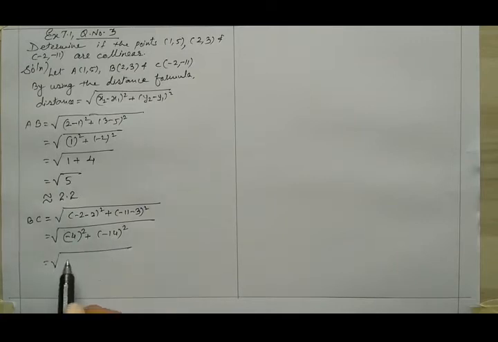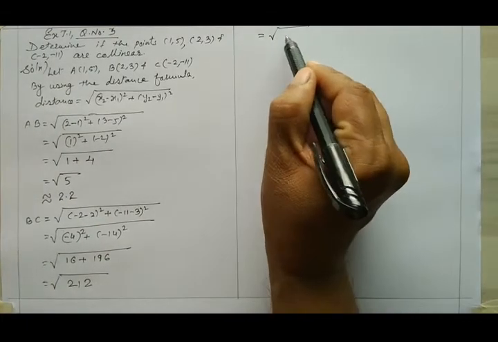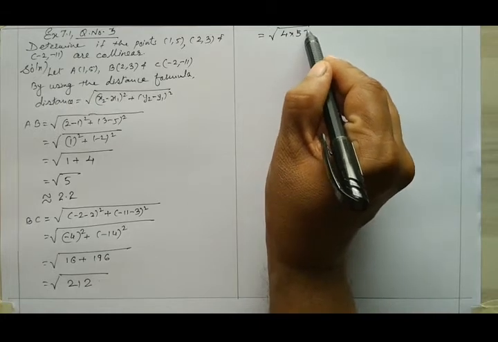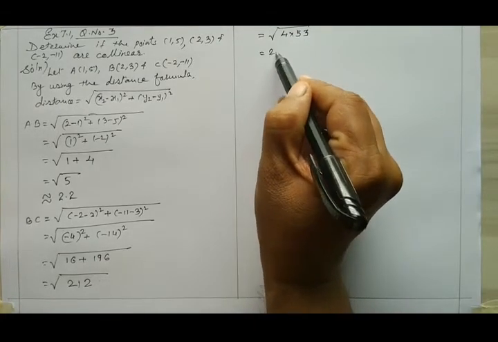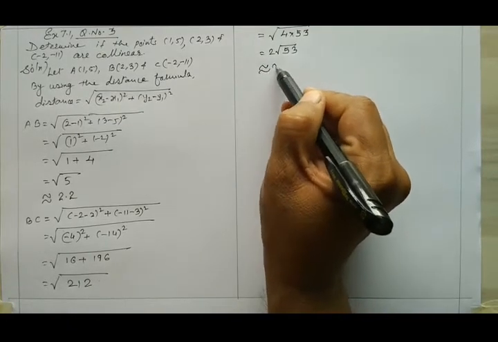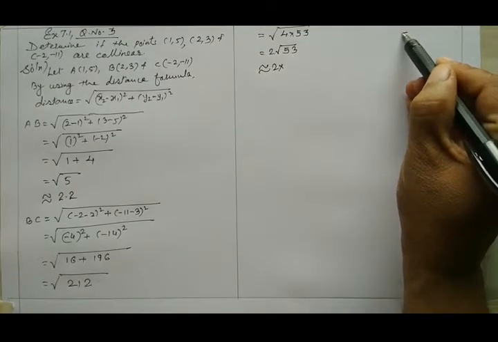Minus 4 square is 16 and 14 square is 196, and this is equal to 212. If you simplify, then 4 into 53, and that is 2 root 53. Now you calculate the square root of 53 up to 1 decimal place.